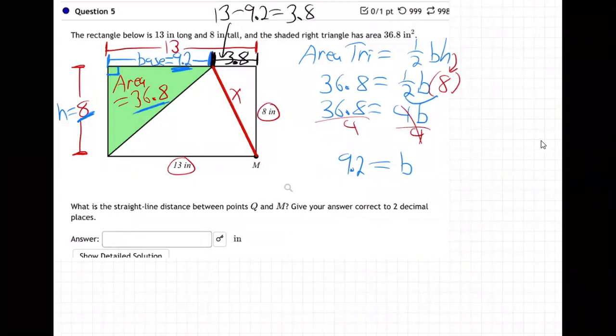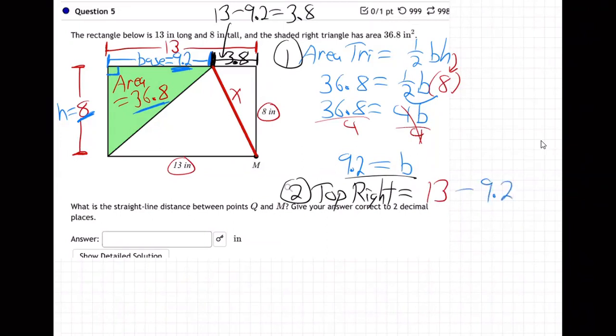You see how I'm coming up with that? So step 1, I did the area of a triangle and found B. Step 2, I found the top right is equal to 13 minus 9.2.